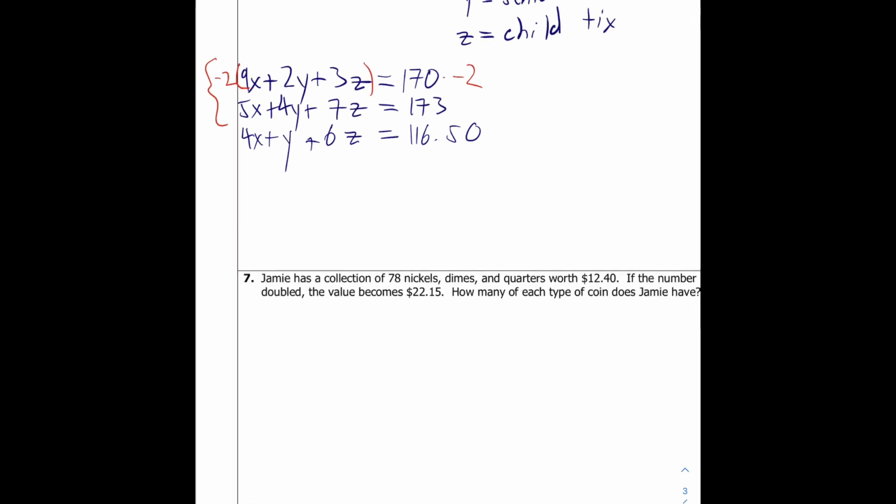That gives us -18x minus 4y minus 6z equals 170 times -2, which is -340. And I'm just going to copy the second equation: 5x plus 4y plus 7z equals 173.